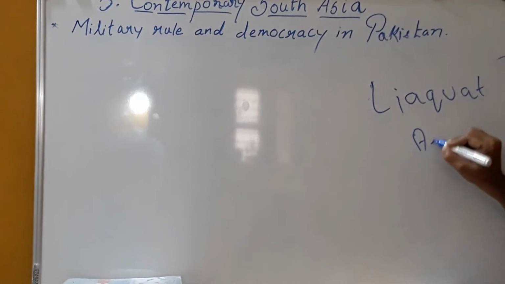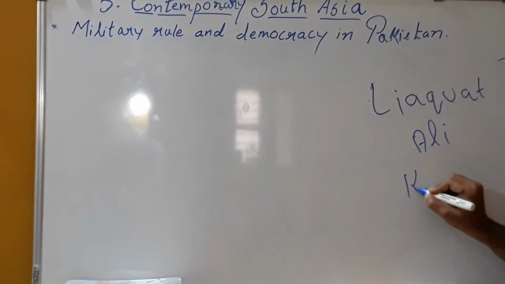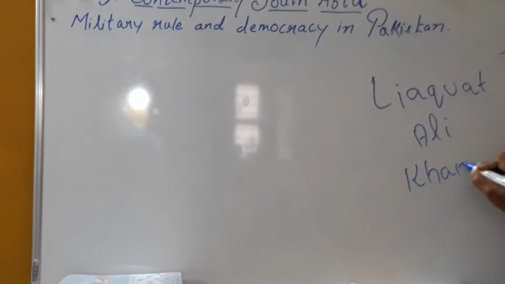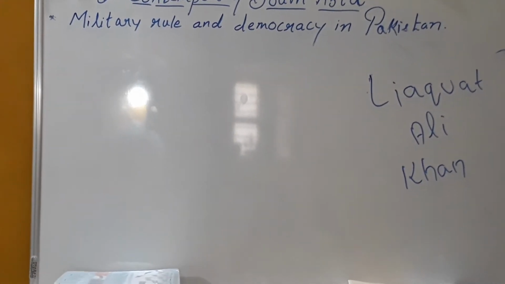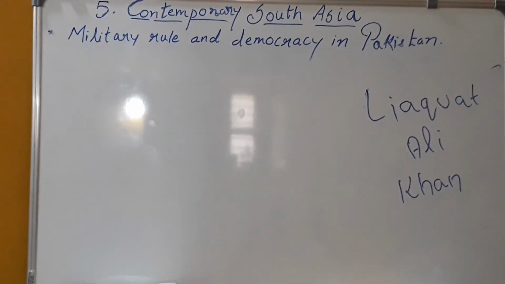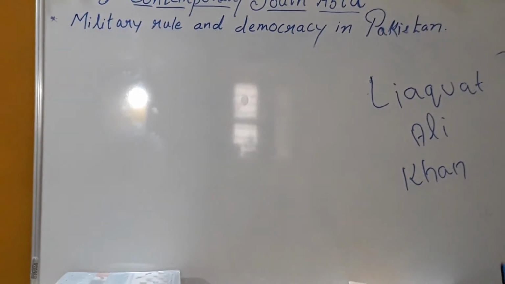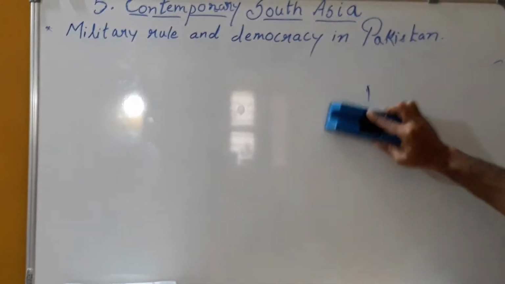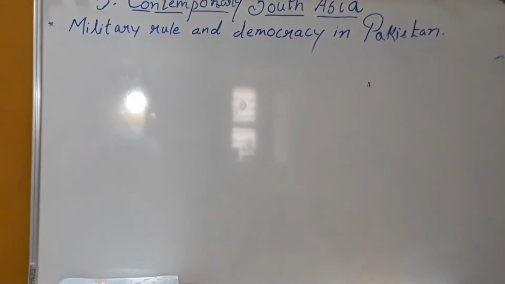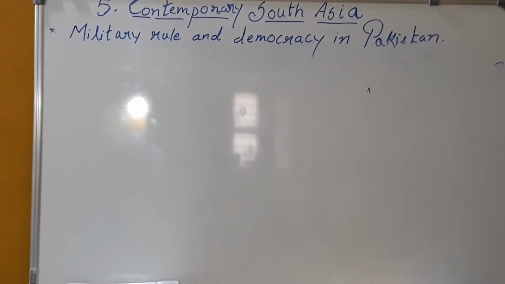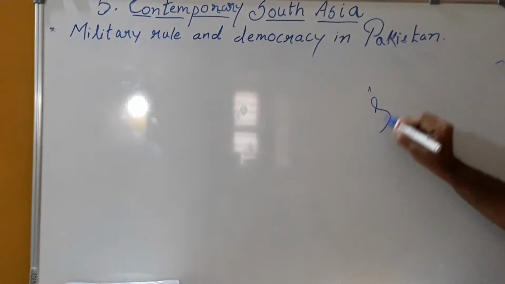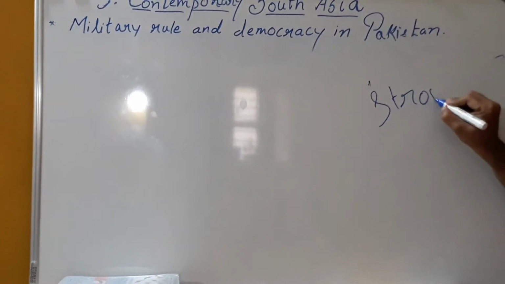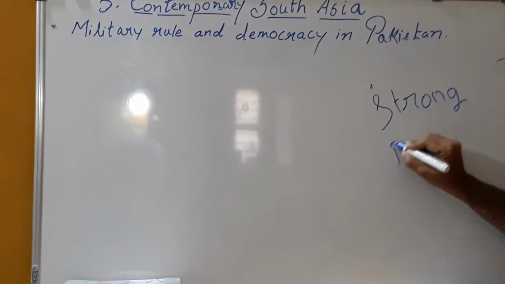So what I'm trying to prove here is they never had leaders who actually ruled for a long time to reinforce democracy or the democratic structure in the nation. Unlike India, we had Nehru, we had Patel, we had Shastri, isn't it, who were ruling India, and somehow they reinforced democratic principles in India.